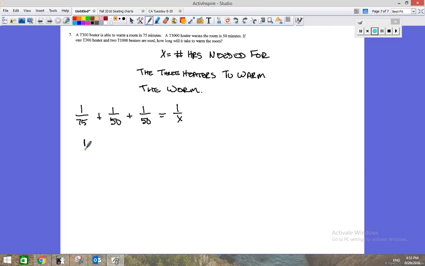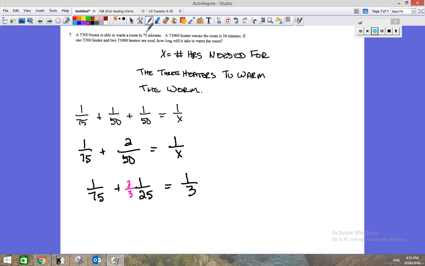So what do we have? We've got 1/75. Now here these have a common denominator, and 1 plus 1 is 2, and we can reduce that. And here, let's multiply by the number 1, but let's write 1 as 3 over 3. So each of these would have a common denominator of 75 now.